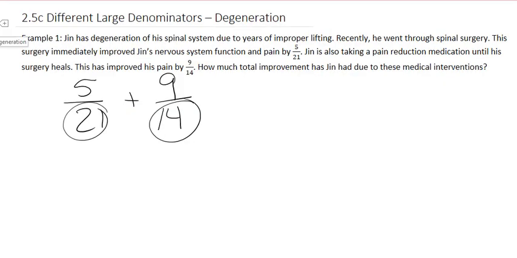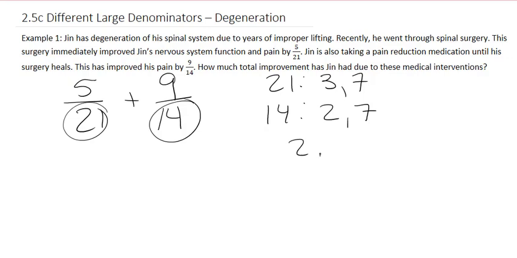So using prime factorization, we have 21 and 14. 21 can be broken down into 3 and 7, because 3 times 7 is 21. 14 can be broken down into 2 and 7. So let us write all the unique numbers between these two. So we have 2, 3, and 7.